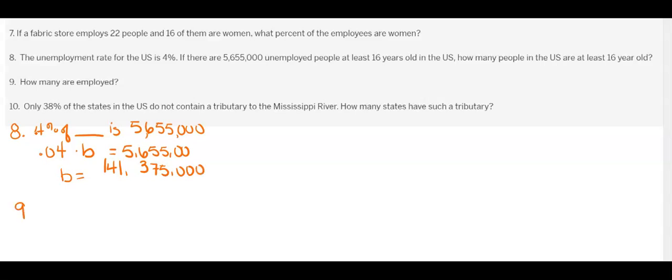I'd like to look at number 9 now. 9 says how many are employed? Well, out of the 141,375,000 people, 5,655,000 are not employed.